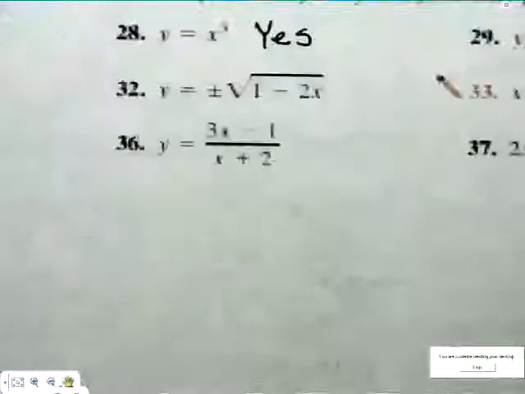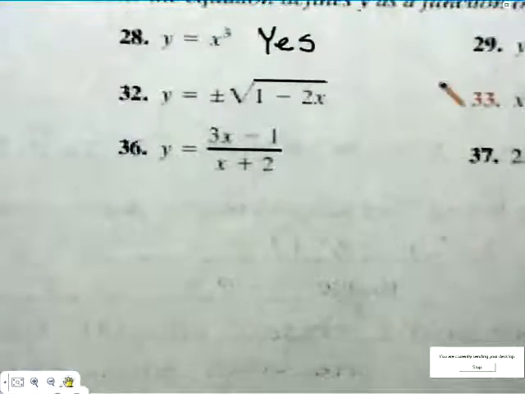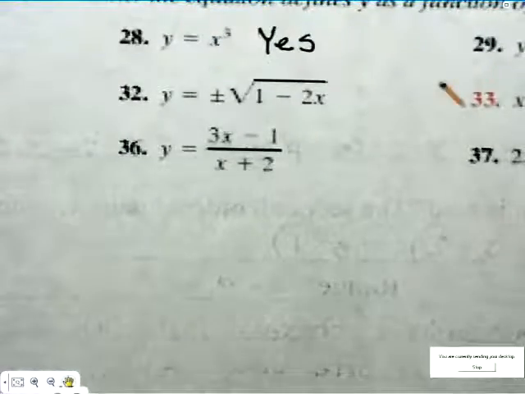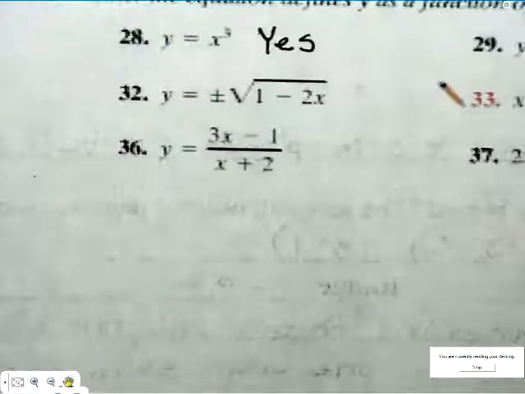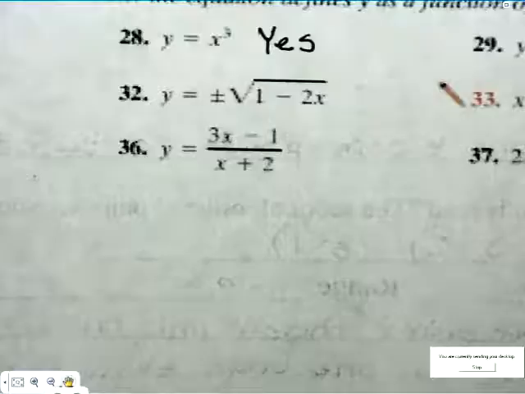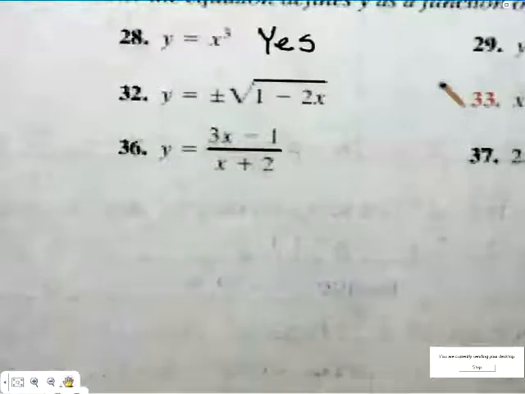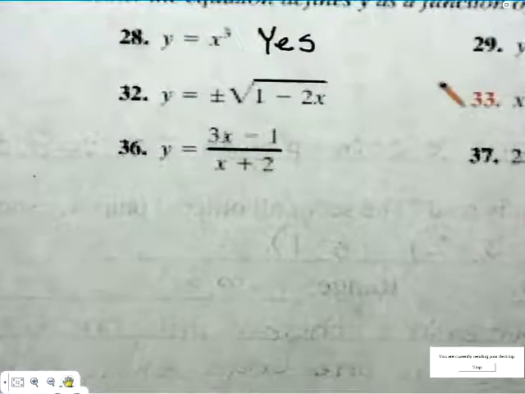What about 32? Y equals the positive or negative square root of 1 minus 2x. If I let x be, say 0, how many y values correspond to x being 0?